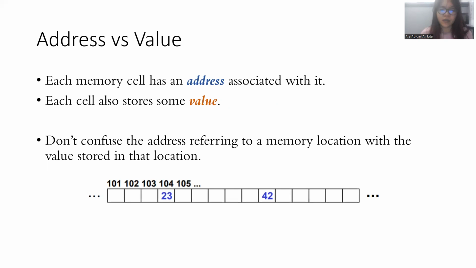Here's another illustration. Suppose we have this memory, and you have several locations which can be mapped to a certain variable. Suppose you have a variable I here, and it has a value of 23. You can say that this variable I is mapped to address 104, and I has a value of 23.